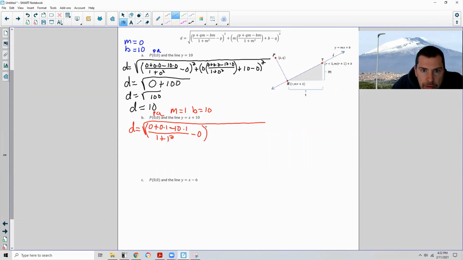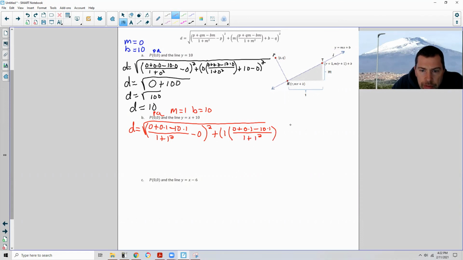Close the parentheses, square it, plus parentheses m1 parentheses p0 plus q0 times m1 minus b times m, 10 times 1, all over 1 plus m1 squared.